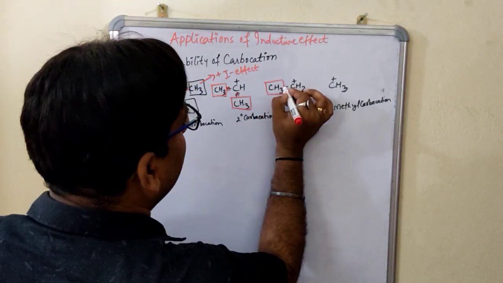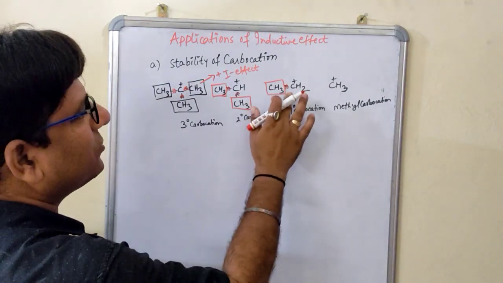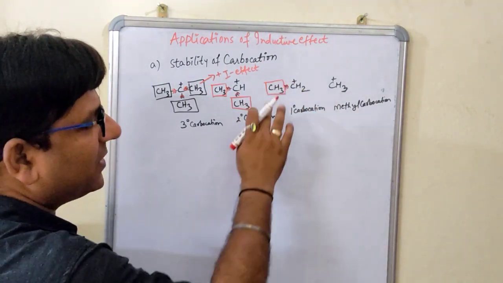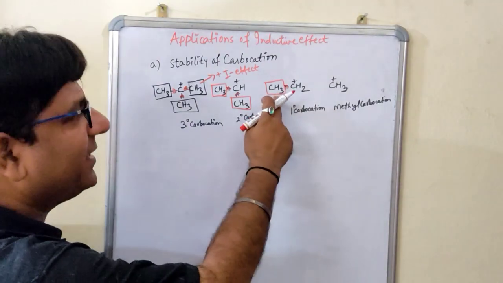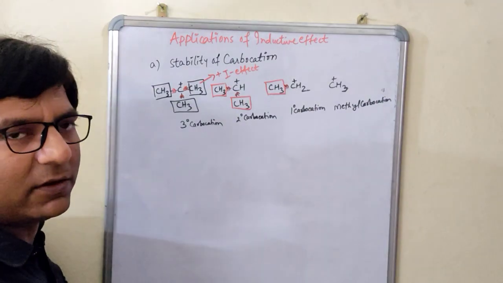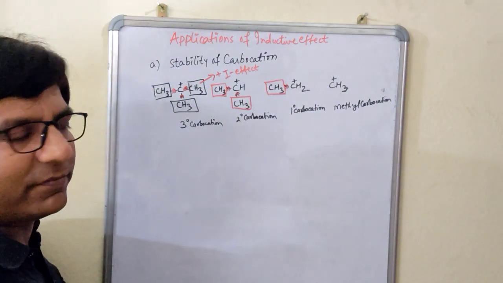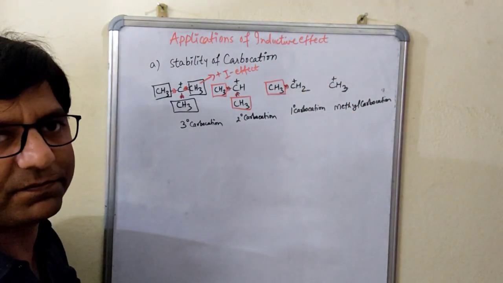When you see this, here also there is 1 CH3 group, and this CH2, that is the carbon bearing a positive charge, will be neutralized by the electrons given by this methyl group, but it is only 1 in number. And here we don't have such a group. No plus I group is there that can stabilize the positive charge of this carbon atom.